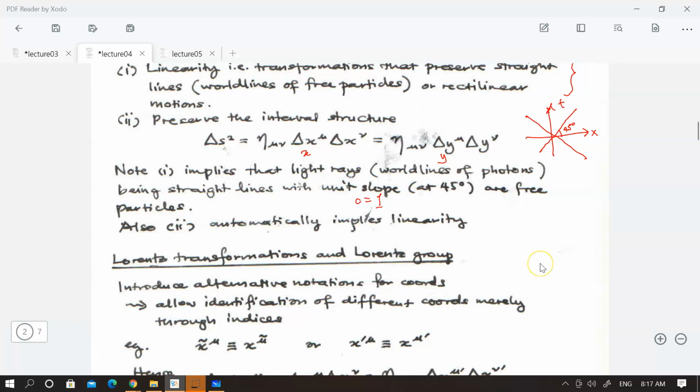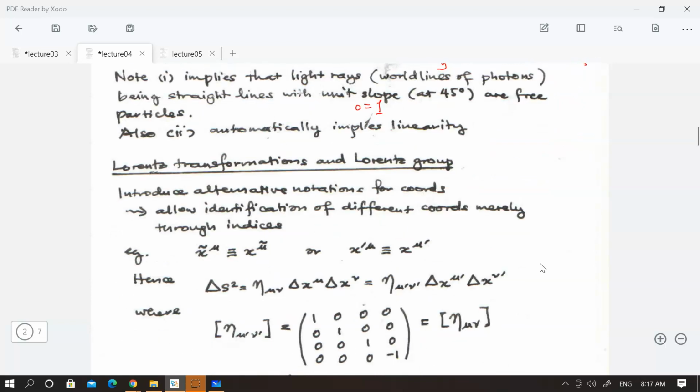So one of the things one can try to do is to consider the labels. You use the label X, for example, and then you put another symbol on top of the label X. This is not X mu, it's just a label here.